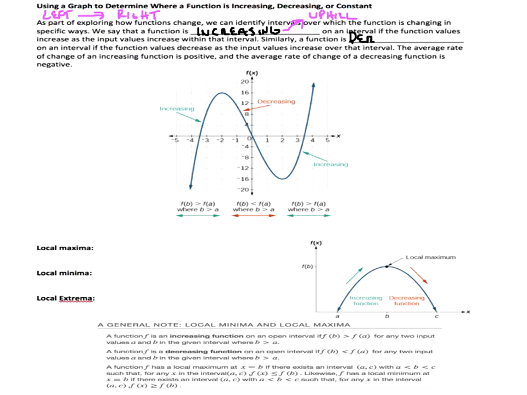And then I also have decreasing. In an elementary way, we would think of that as going downhill from left to right. And then we have constant, and constant is just leveling off. It's plateauing, just like you would think.